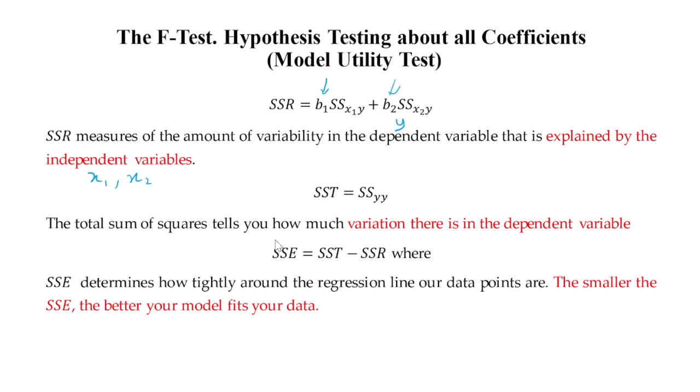And the sum of squares of the error tells us how good the fit of the model is with our data, how tight the regression line is with our data points. The smaller the sum of squares of the error, the better our model fits our data.